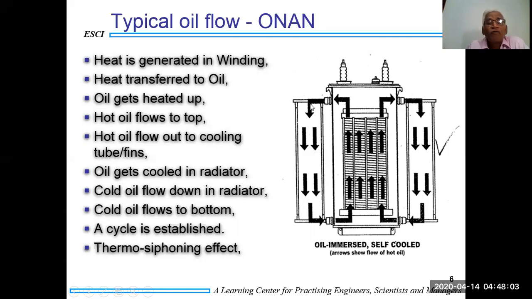Hot oil flows out to cooling fins and tubes. Oil gets cooled in the radiator. Cold oil flows down the radiator and to the bottom of the transformer. A cycle is established like this. This cycle is called the thermosiphoning effect.